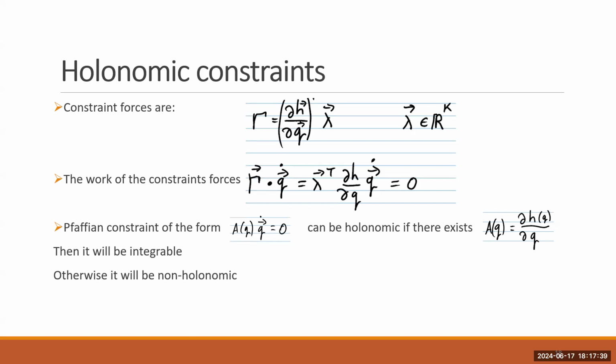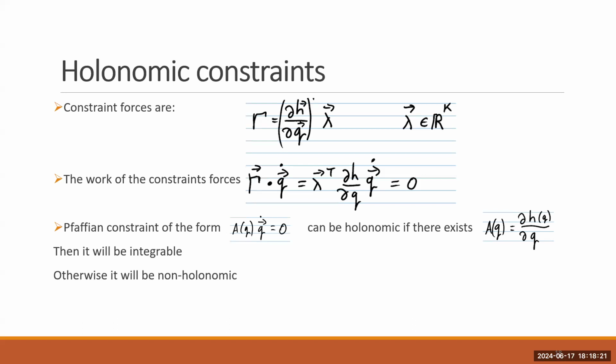Therefore, the normal to the constraint manifold is dh/dq. And lambda is simply the amplitude, the amount of force. So this is the amount of force, this is the direction of the force, and the work of the constraint force is the constraint force times the velocity. And we already saw that this is the energy and it must be 0.